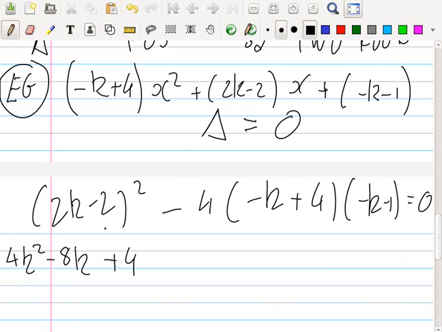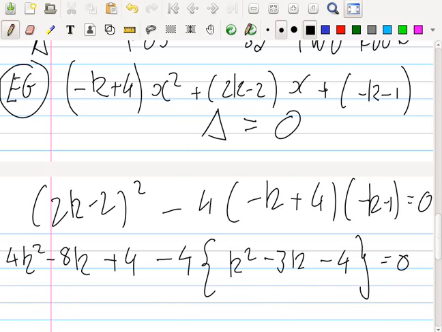When you multiply that out, you get this. Minus 4 times k squared minus 3k, I hope. Minus 4 equals 0. Yes, Hassan? That's k or 12. Yeah, I thought it looked like a 12 when I wrote it, sorry.